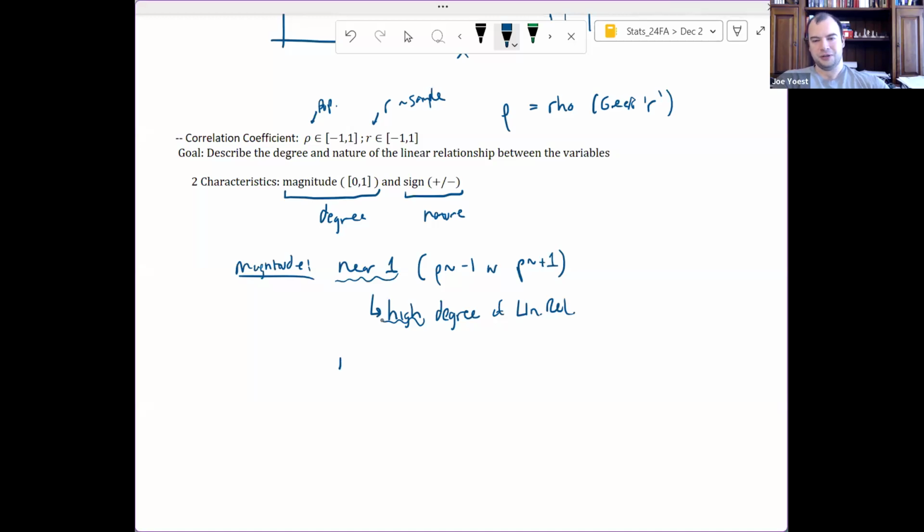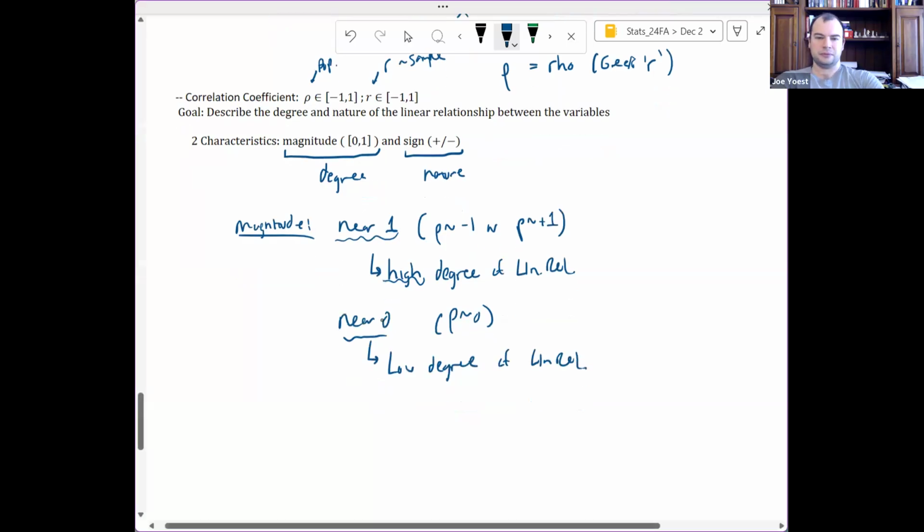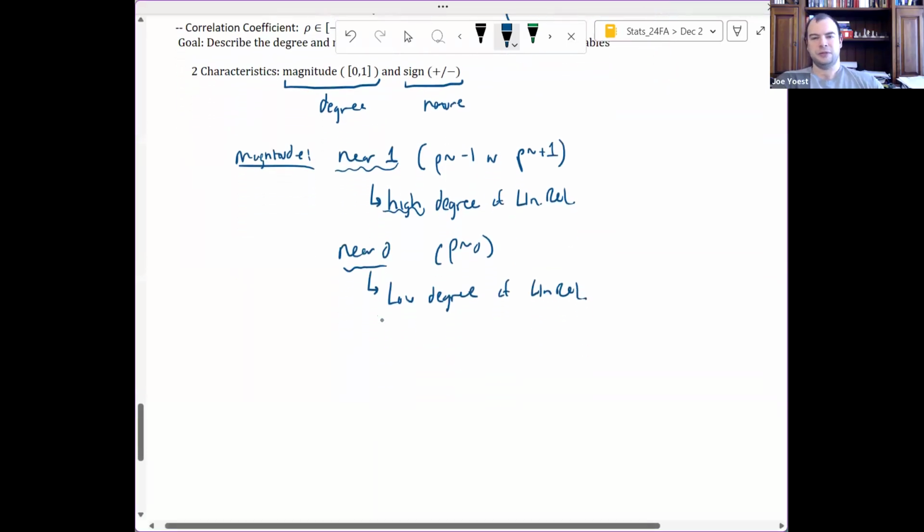Or when the magnitude is near 0, that also essentially means that rho is near 0, either a little bit positive or a little bit negative, but in both cases, we'd say near 0. There's a low degree of linear relationship. So near one, there's a high degree of linear relationship. Near zero, there's essentially no linear relationship.